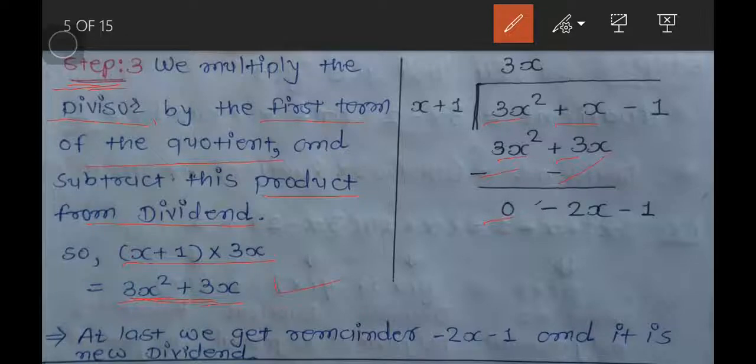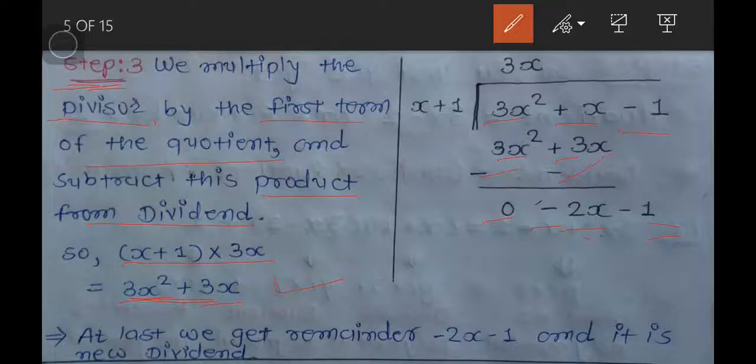So we do subtraction of these two terms. Subtracting x from 3x, that is 2x, and here 3x is the larger term, so we put a minus sign here, and we put the remaining part of the dividend here, that is minus 1.